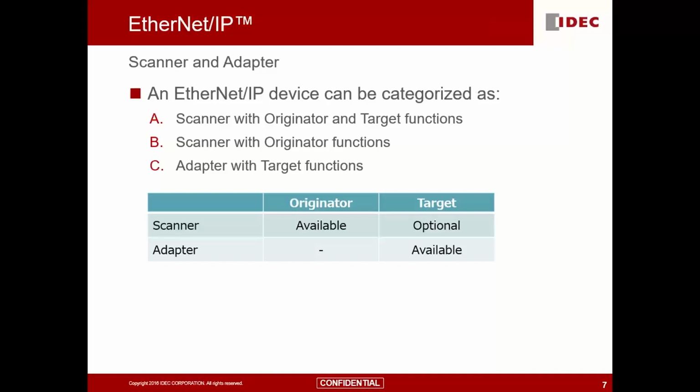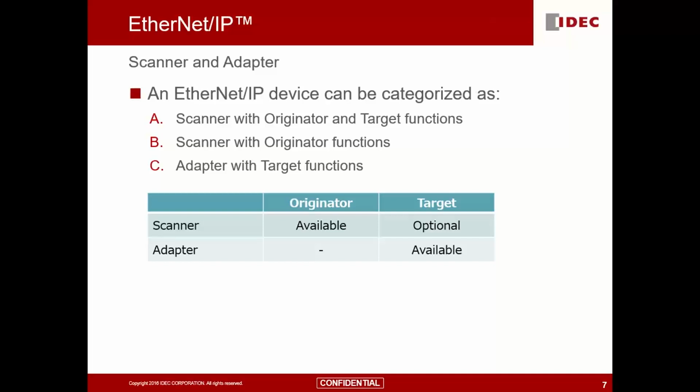An Ethernet IP device can be either A, a scanner with originator and target functions, or B, a scanner with originator functions only, and finally C, which is an adapter with target functions only.